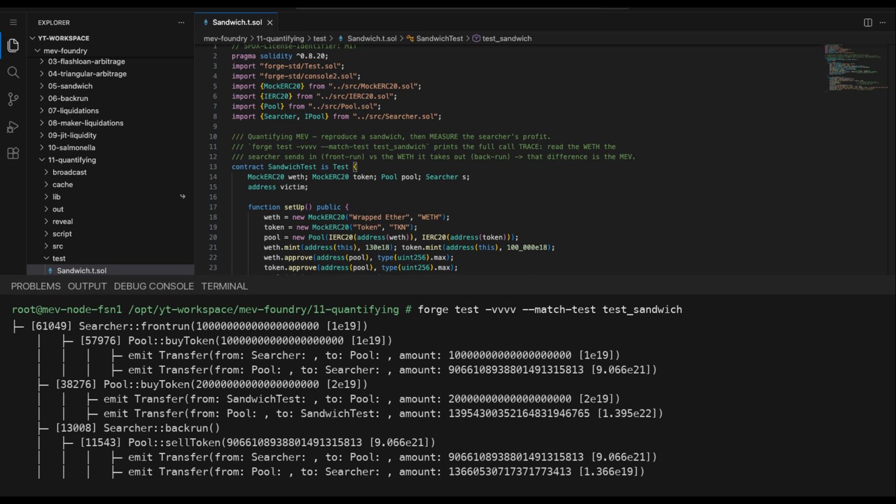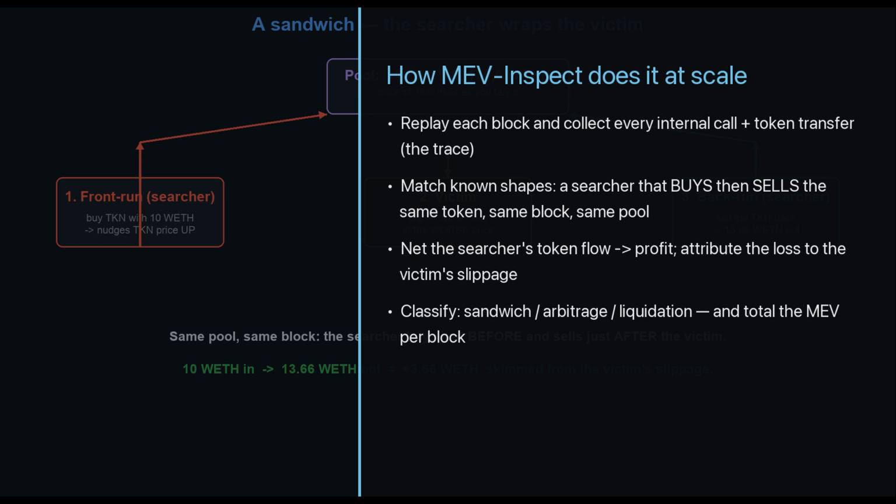Those are the only 2 numbers you need. 10 in, 13.66 out, and the trace proves it transfer by transfer. This is exactly what MEV-Inspect does at scale. Read every block's trace, match the buy then sell pattern around the victim, and sum the searcher's net. At scale, that's the entire method.